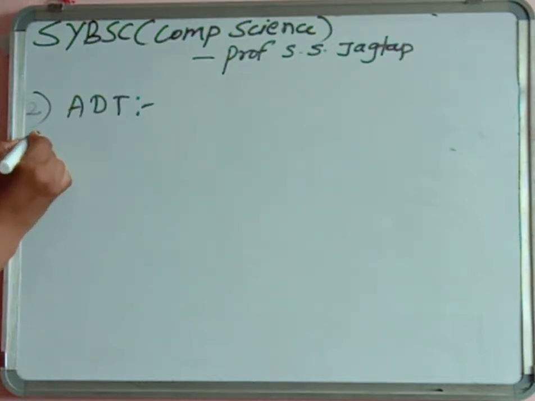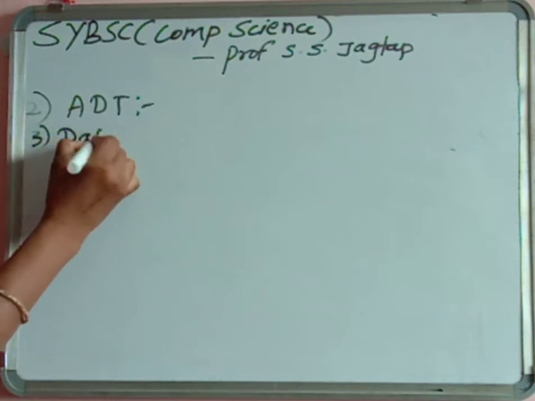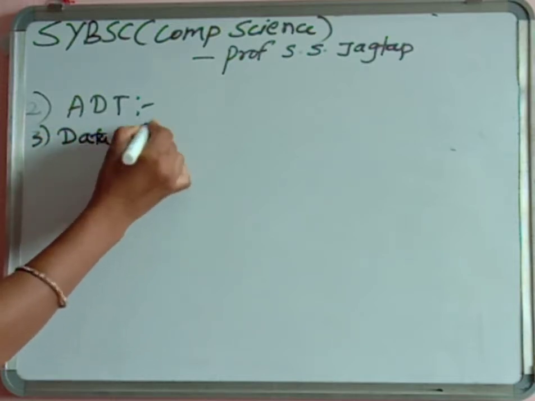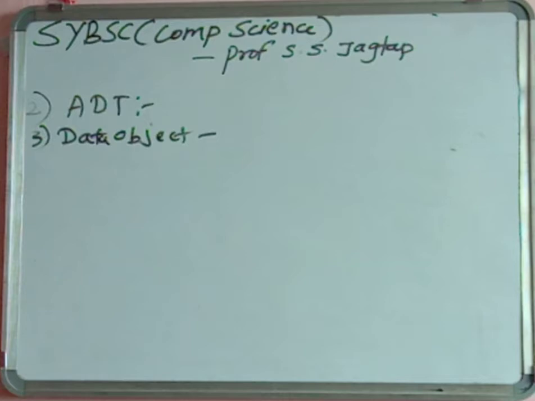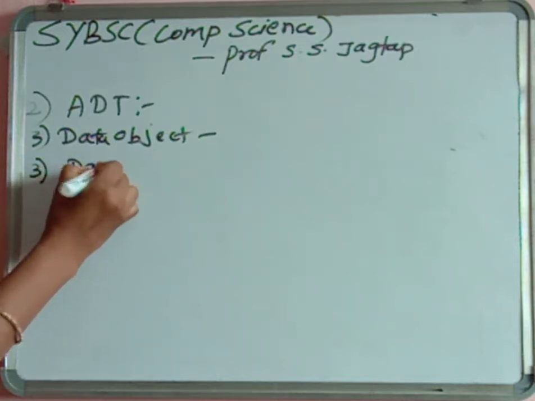The next is data object. Data object refers a set of variables used in a program. It is a place where the data values can be stored, retrieved and manipulated. Every data object is associated with data type. The third one is data structure.